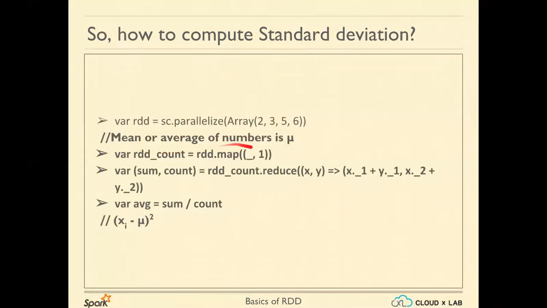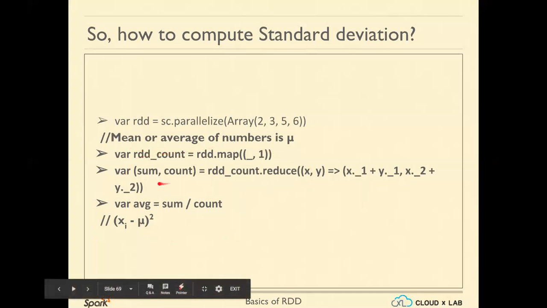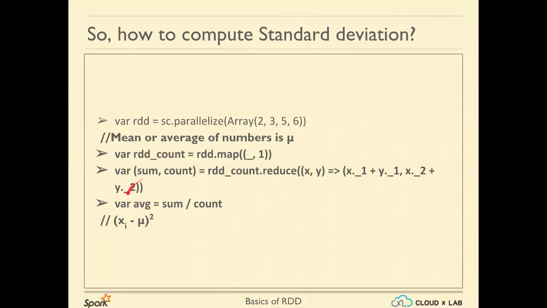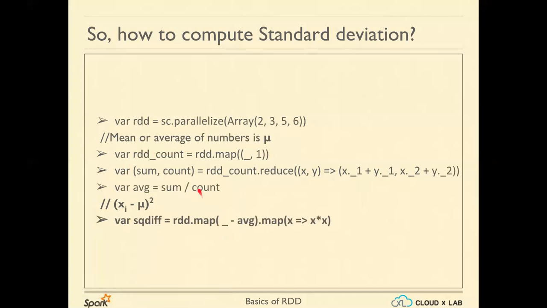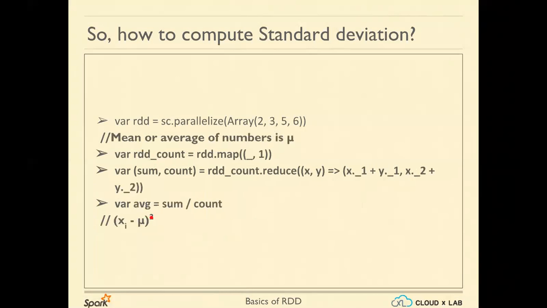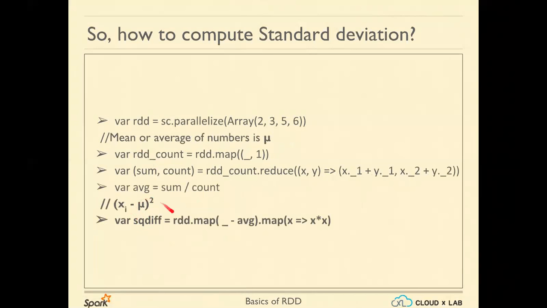We are trying to compute the mean the way we did earlier. Once we have computed the mean at this stage, then we are subtracting the values and squaring them. So what we did was map underscore minus average.